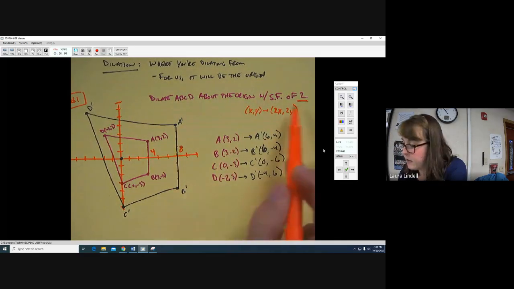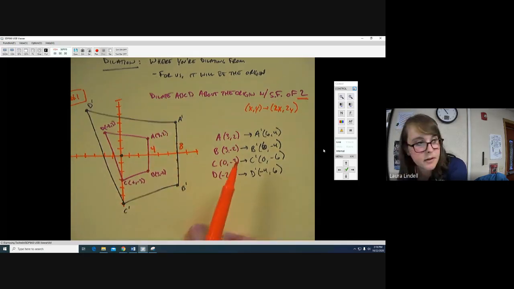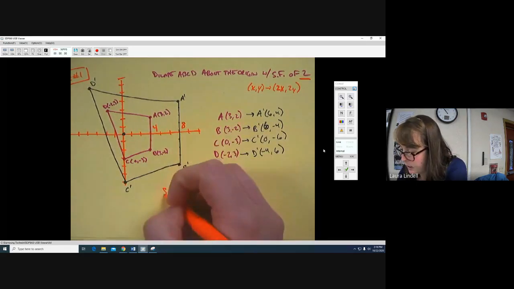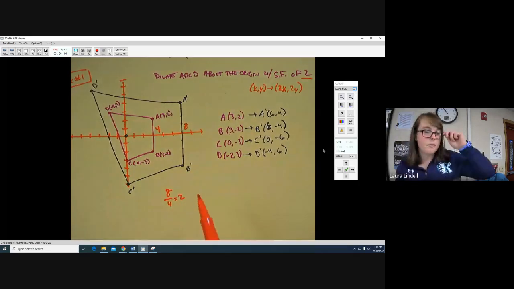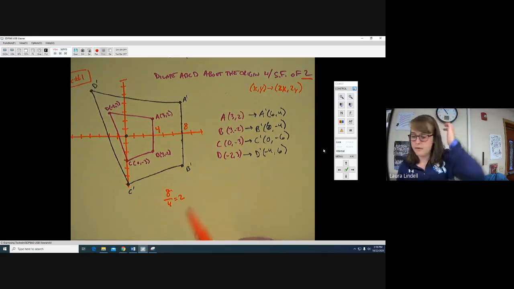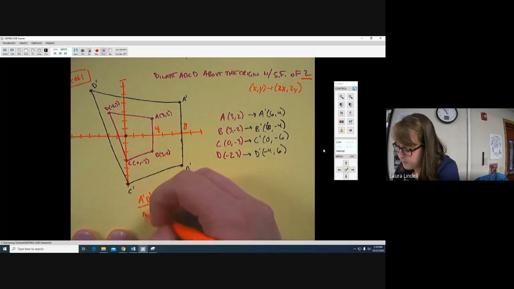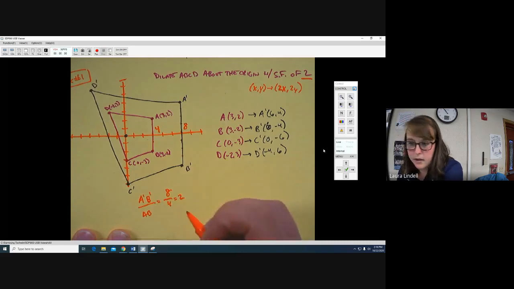So even if I didn't know the scale factor and I was given this picture of both of these shapes, I could figure out that 8 over 4 is 2, so my scale factor would be 2.